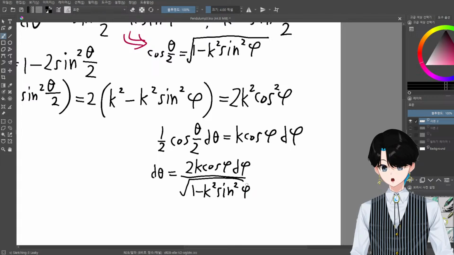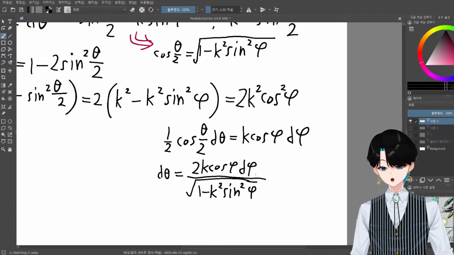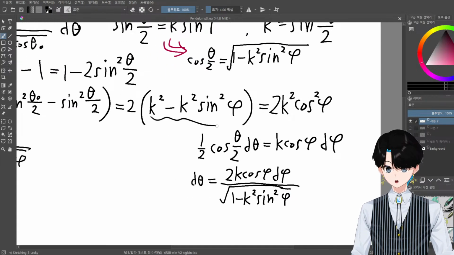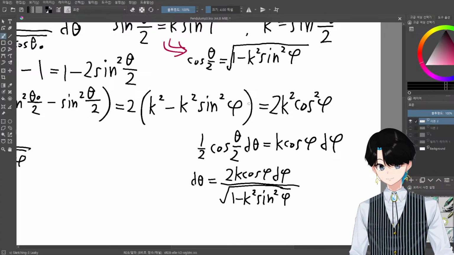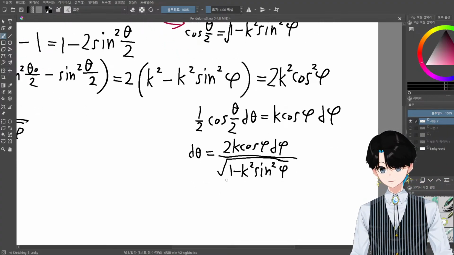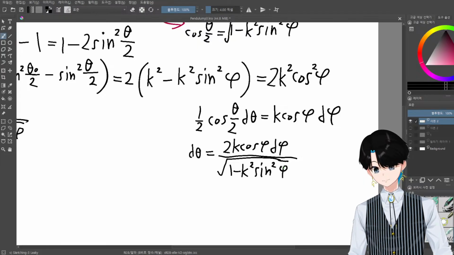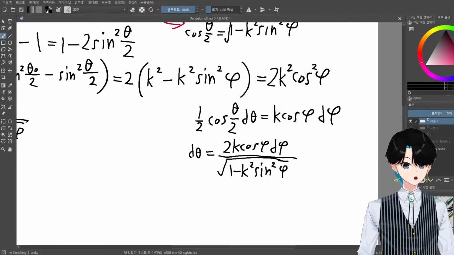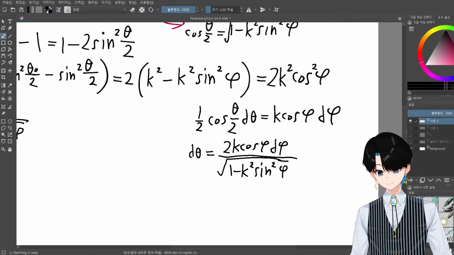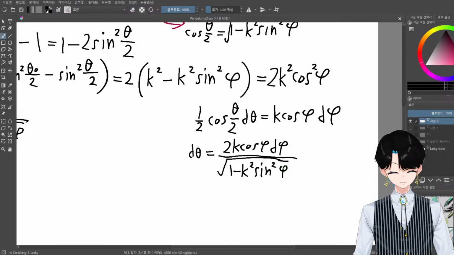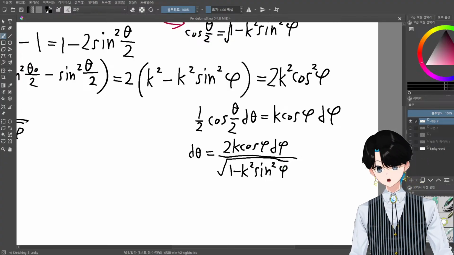Do you remember what I said about this kind of resembling the elliptic integral of the first kind? Forget that idea. This is actually the thing that contributes to the lookalike of the elliptic integral of the first kind.